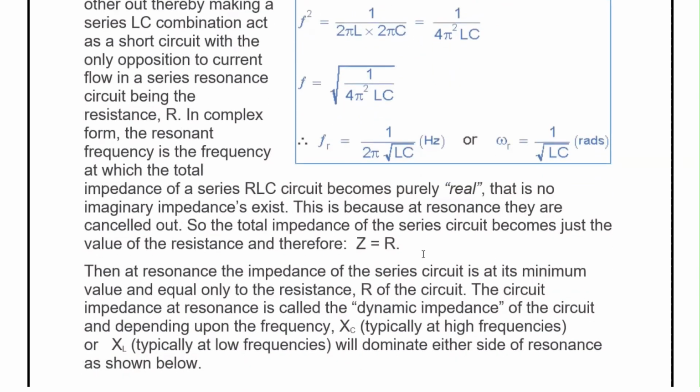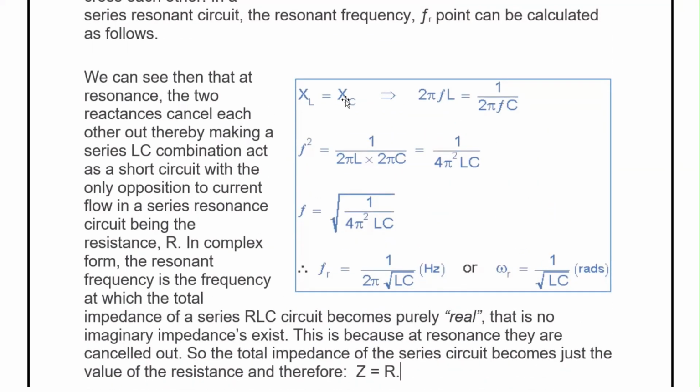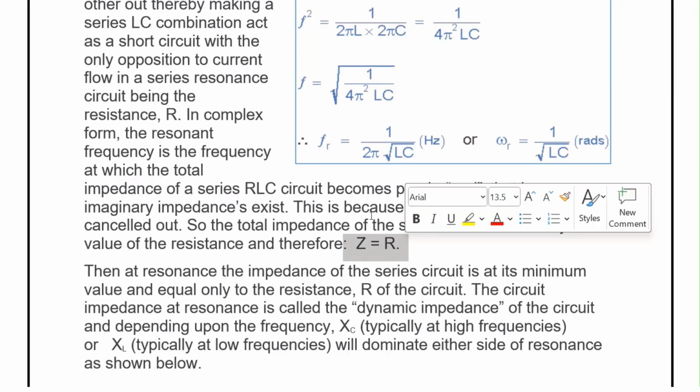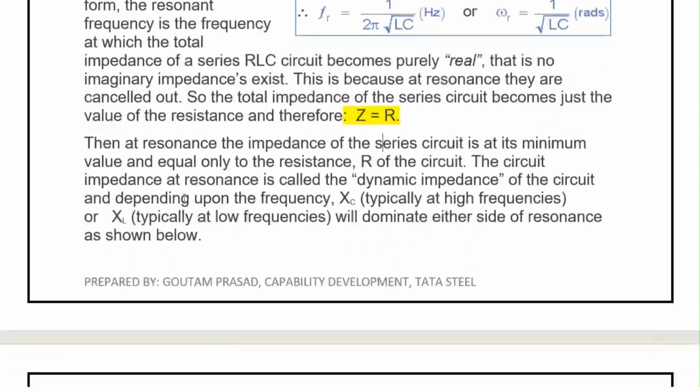Since the reactance part becomes 0, XL minus XC or XC minus XL, whatever is the situation, both will become 0, and Z will be equal to R. So this is the point of interest, my friends. Z becomes only equal to R. So at resonance, the impedance of the series circuit is at a minimum value, and since the impedance of the circuit is at a minimum value, the circuit current will go to the maximum value.